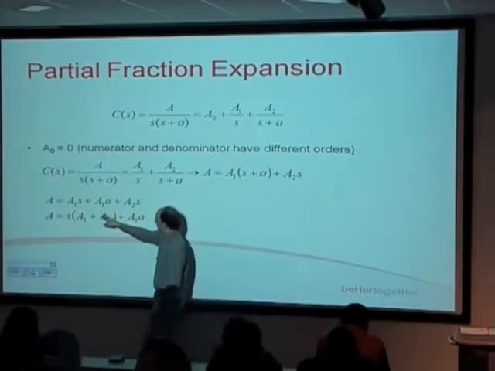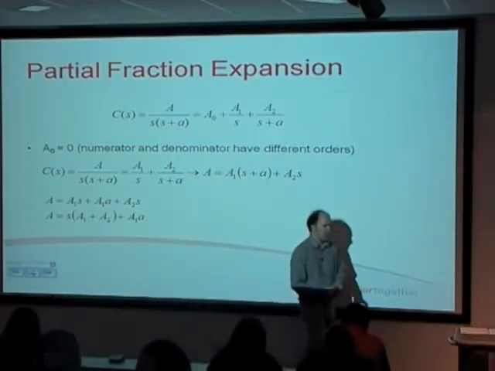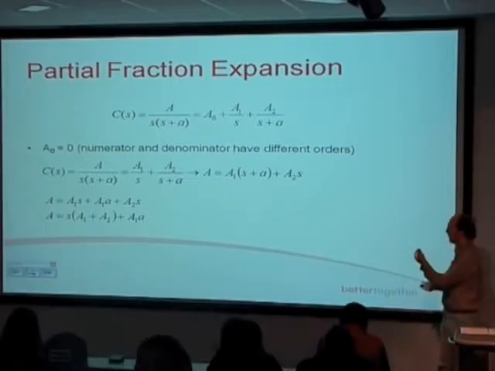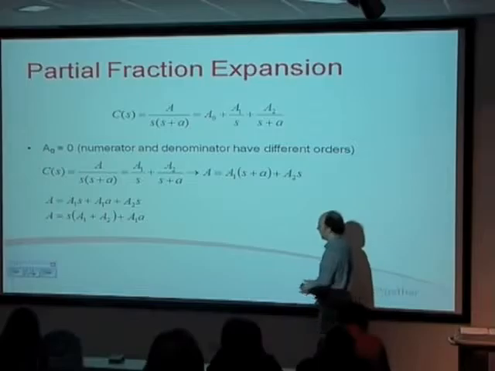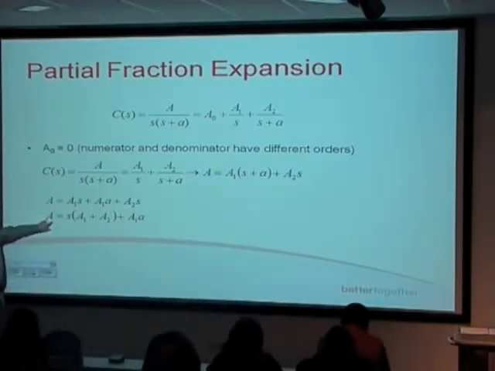And what I've done here is there's an s term in here and an s term in here, so I've taken them out. Then what you do to find out those values is look at the terms in s and the terms that have no s in, or s to the 0. On this side I've got A with s to the 0 in a sense, A times 1.